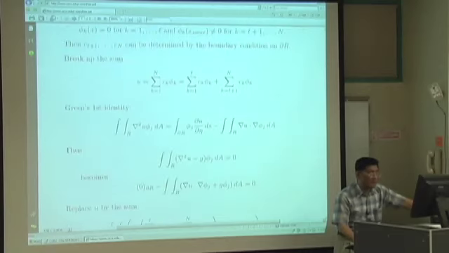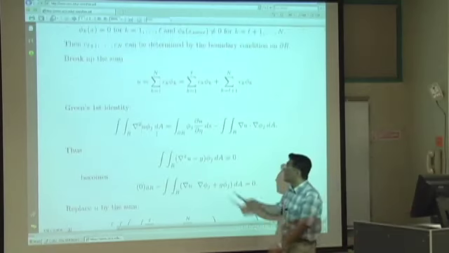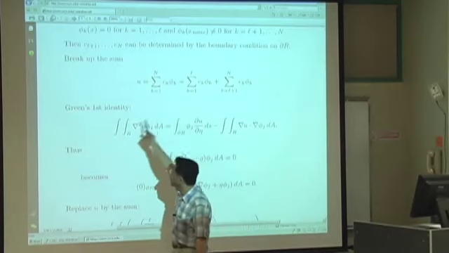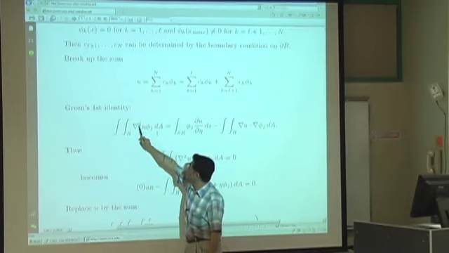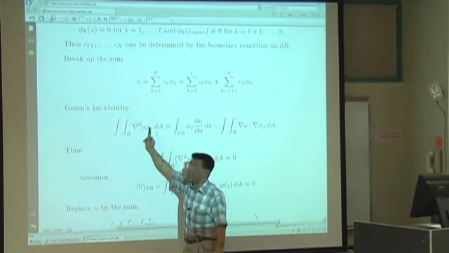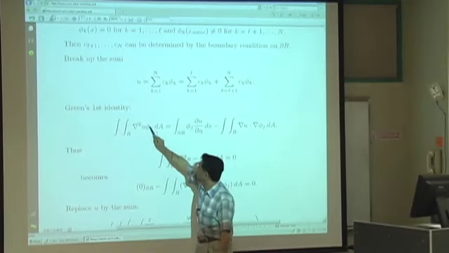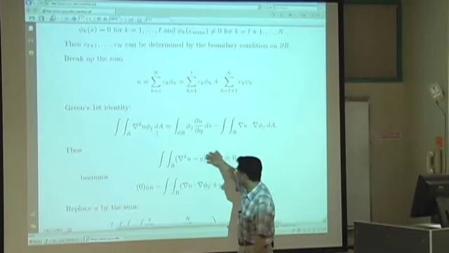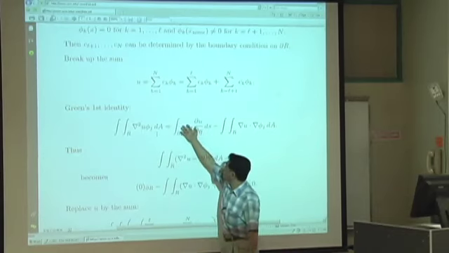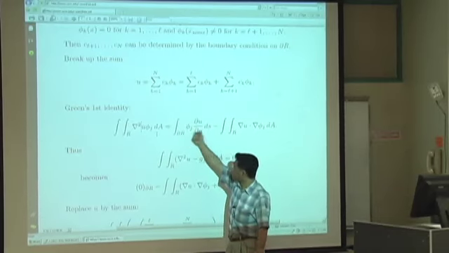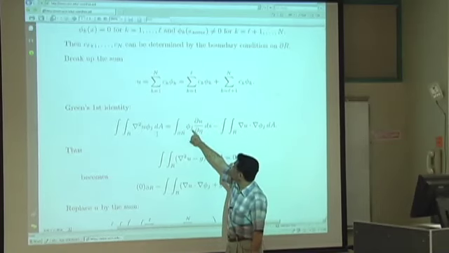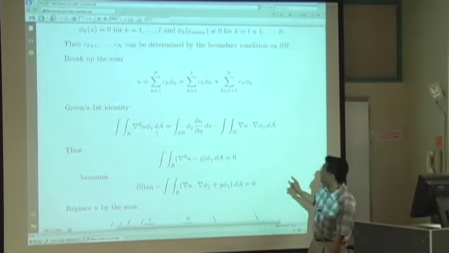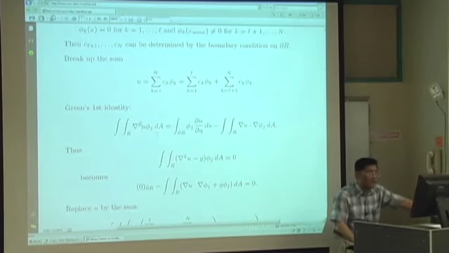But before going in further, we use integration by parts, or generalization of integration by parts called Green's first identity. We have these two functions multiply, then we integrate, right? We integrate, and then we differentiate this. So this is the idea. And then we can calculate this thing, and because this function is considered for the values K running from 1 to L. We are considering these things with this limited K, right?